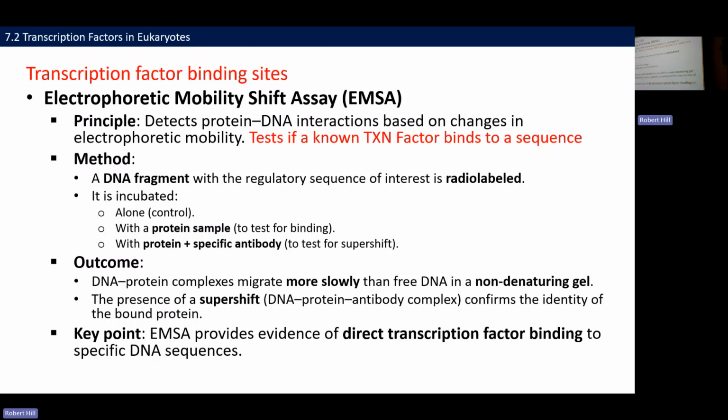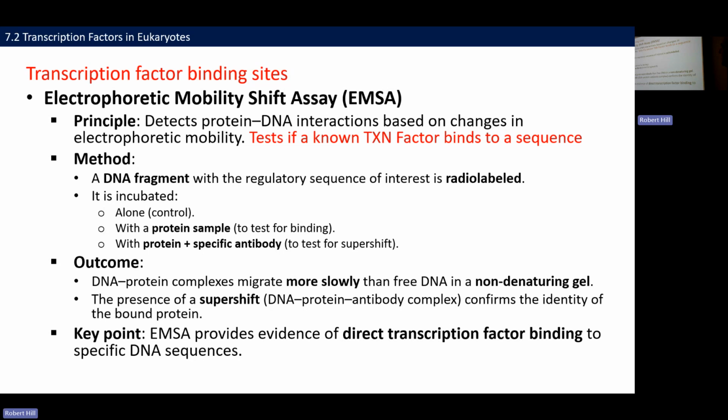Both of these have to do with recognizing regulatory sequences and also recognizing transcription factors. Basically, these are the techniques used in the lab to identify which transcription factors, which remember are proteins, keep that in mind, are binding to regulatory elements, which are sequences on the DNA. Okay? All transcription factors are proteins.